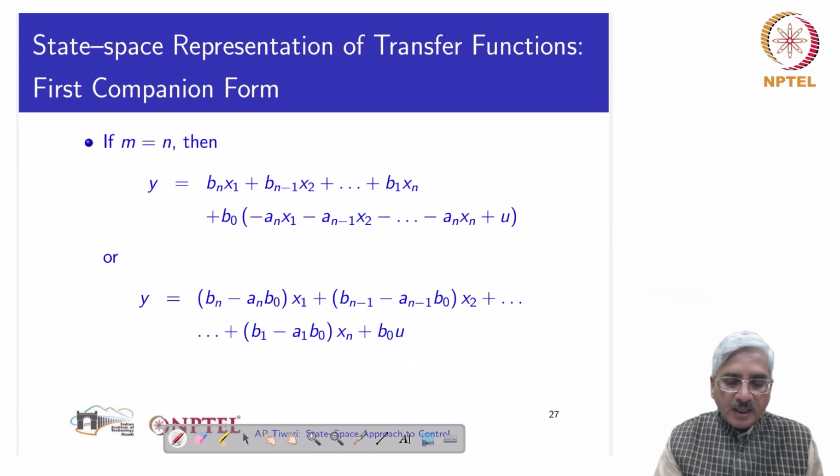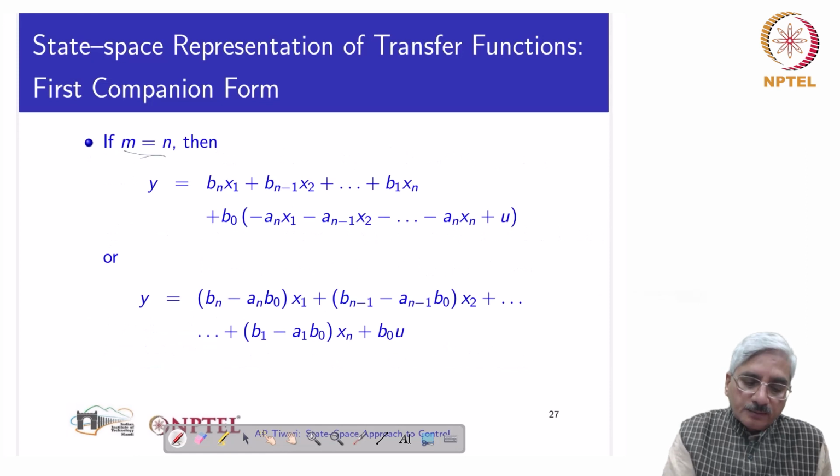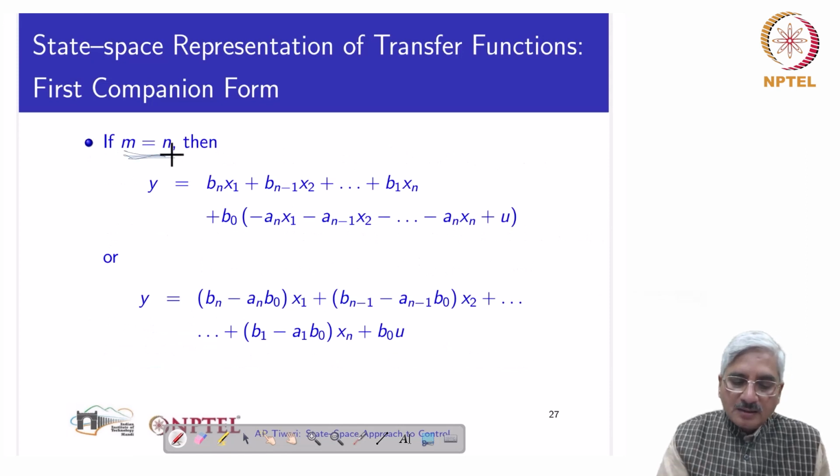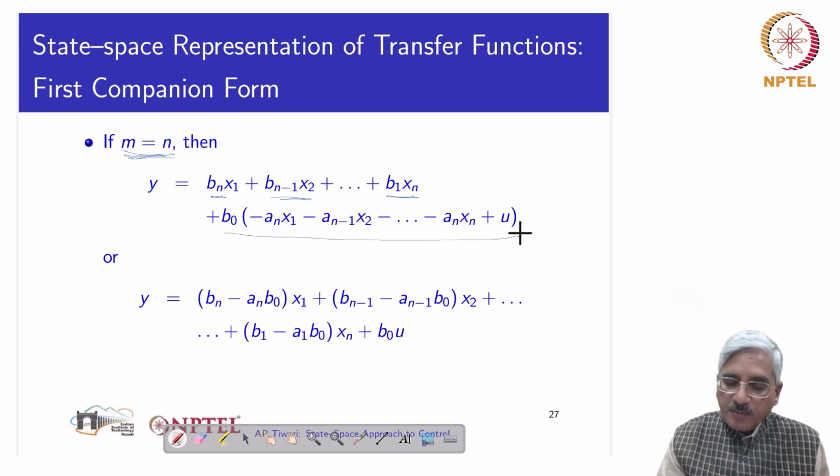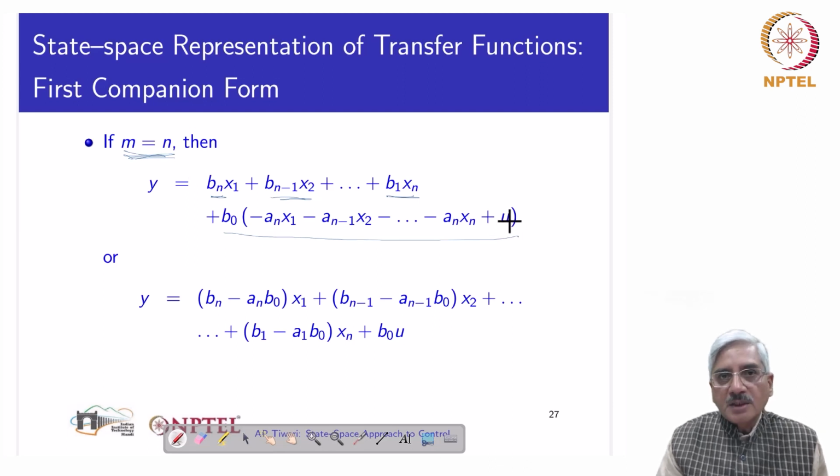However, if m is equal to n, then this y will be bn x1, bn minus 1 x2, etc. up to b1 xn, plus another term will come. This is because the nth derivative of z gets represented in terms of the n minus 1th derivative of z, the n minus 2th derivative of z, etc. up to z.